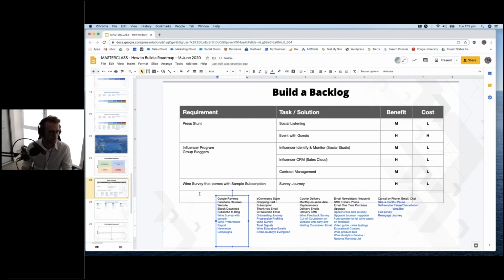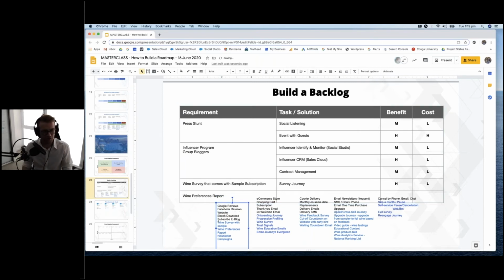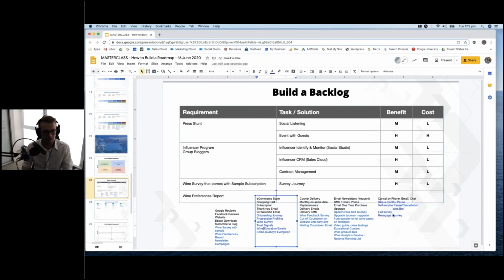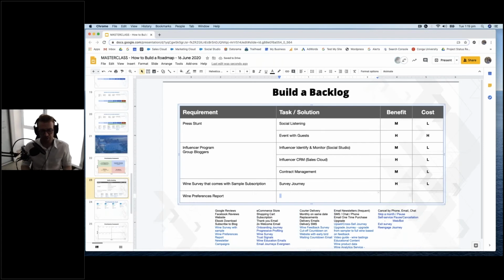Wine preferences report. The idea with the wine preferences report was that you would be able to come up with a public report to say, here are the wine preferences of Australia based on all of the data we've collected from all of our members. If I'm thinking like a Gartner type report, it's really content that they can maybe do a monthly blog on.